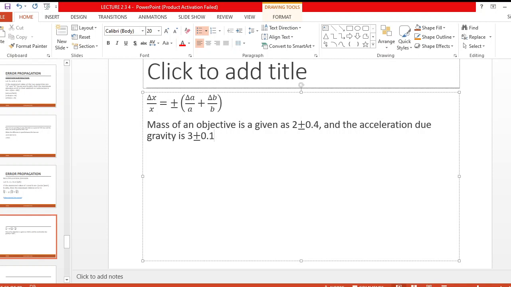Let's say that we are given this scenario, and the question is: find the force or the weight of the object.